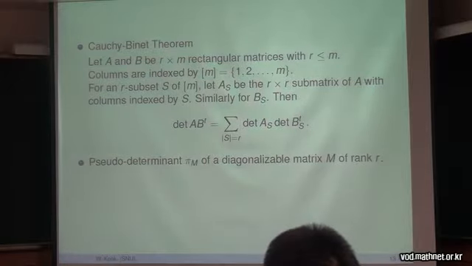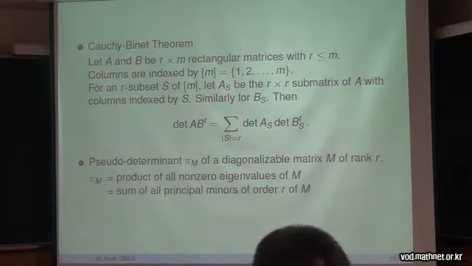And the pseudo-determinant of a diagonalizable matrix M of rank R is the product of all non-zero eigenvalues of M. That is the definition of the pseudo-determinant. So if a matrix is invertible, then the pseudo-determinant is the same as the determinant. But if it's not invertible, then the matrix has 0 eigenvalues. So forget about those 0 eigenvalues.